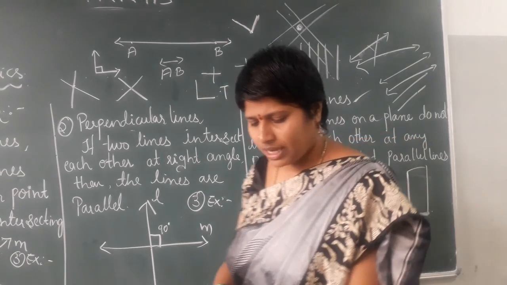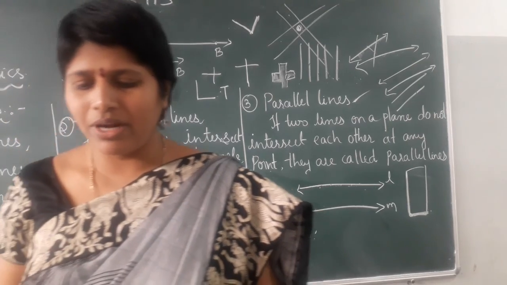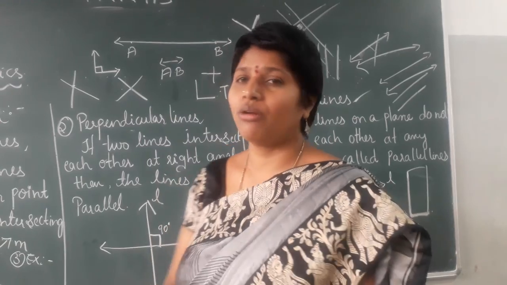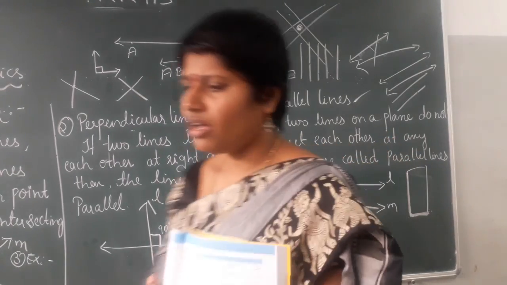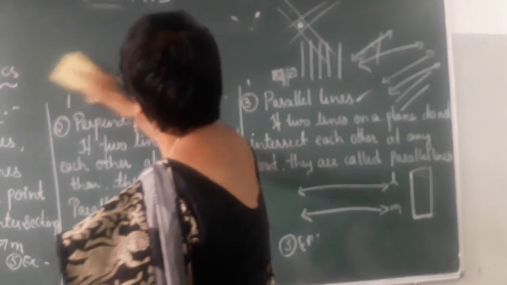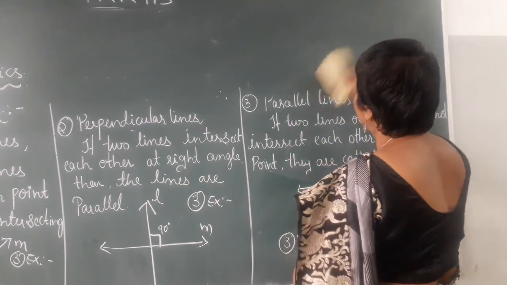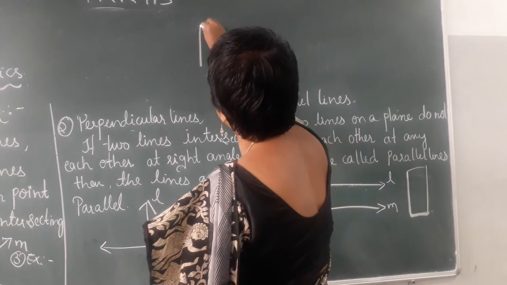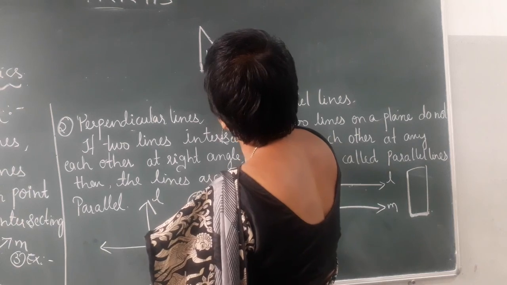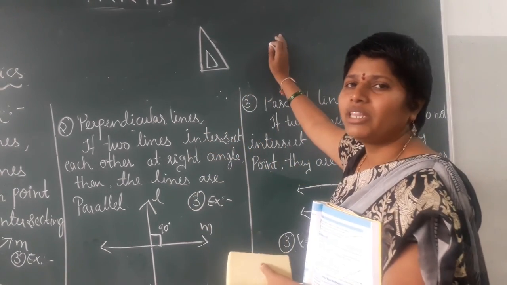Find it out. Trace the set squares on your paper and mark the perpendicular edges. You will find the set squares in your geometry box. This is one set square, and one more type of set square will also be there in your box.